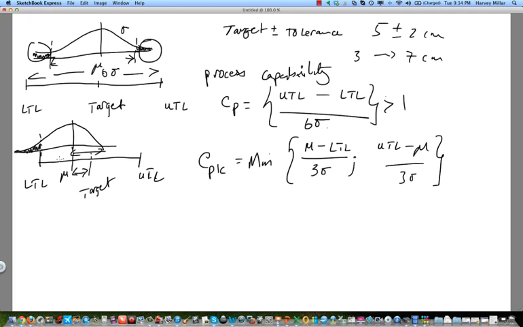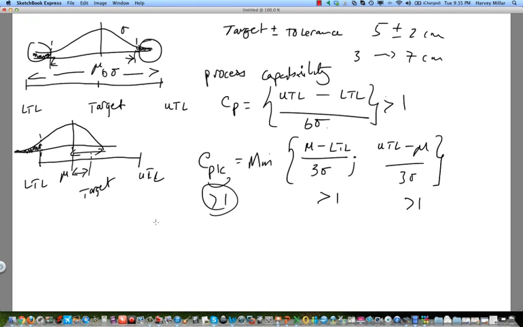However, the bottom part is not going to be quite as large. So our process capability is limited by the smaller of the two. In ideal cases, you want both of those to be greater than 1, so that your CPK would then be greater than 1, in which case your process is highly capable.